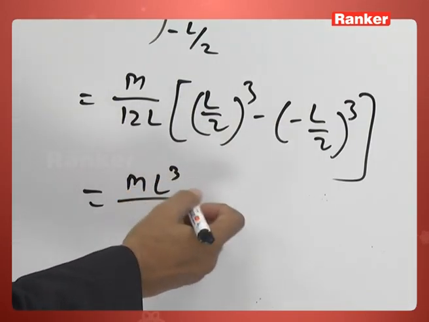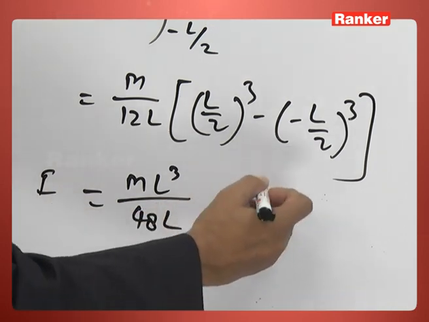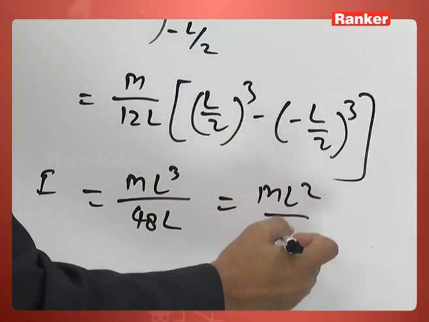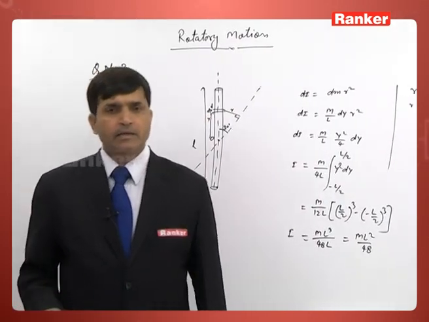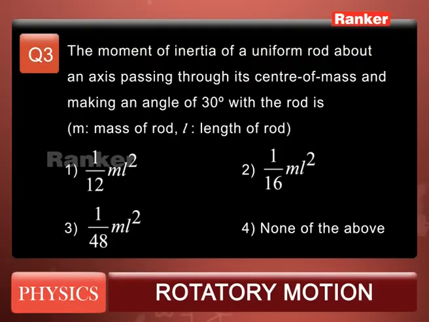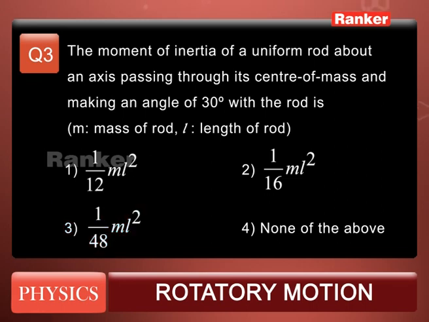So m L cube by 48L. So finally this is ML square by 48, and our correct option is option number 3. So option number 3 is the correct option.